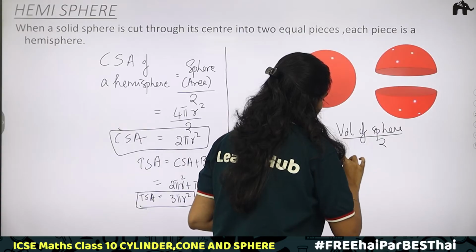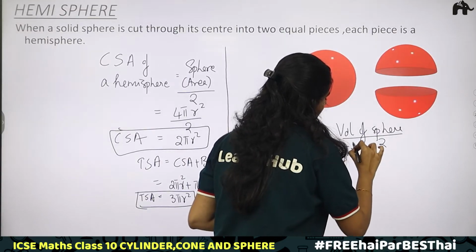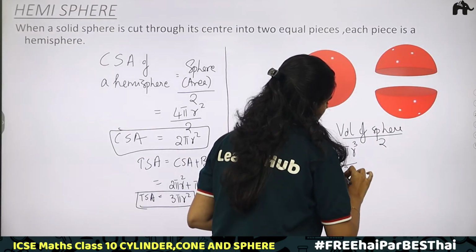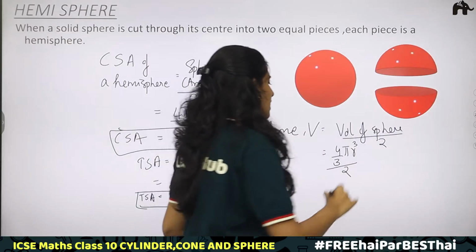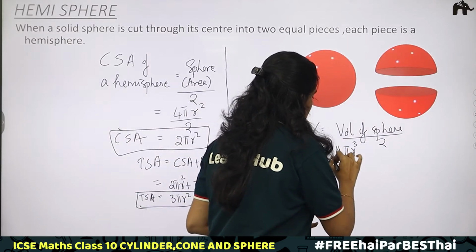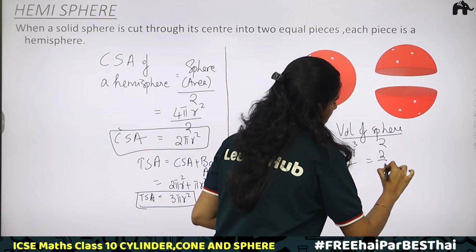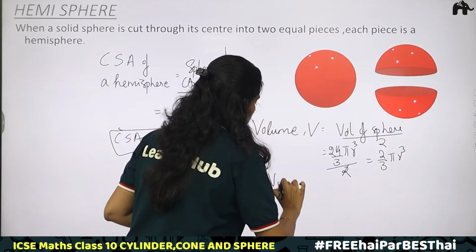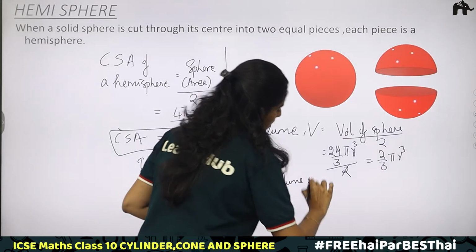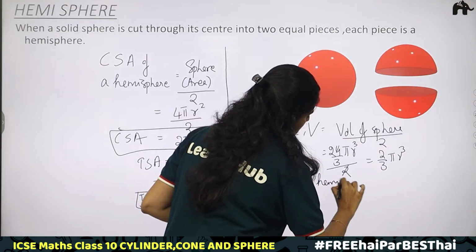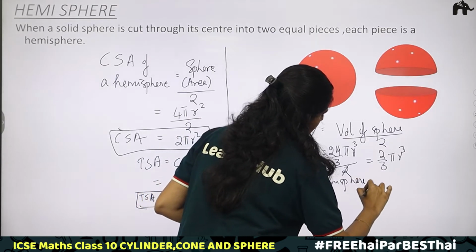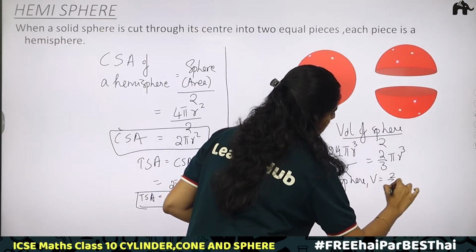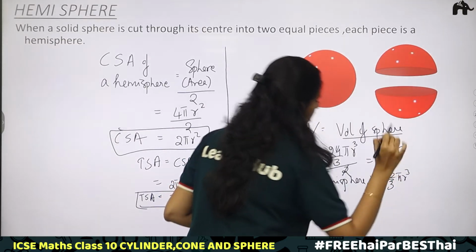That is 4 by 3 pi r cube divided by 2. 2, 4 cancel, we get 2 here. 2 by 3 pi r cube. Therefore, the volume of hemisphere, V, is equal to 2 by 3 pi r cube.